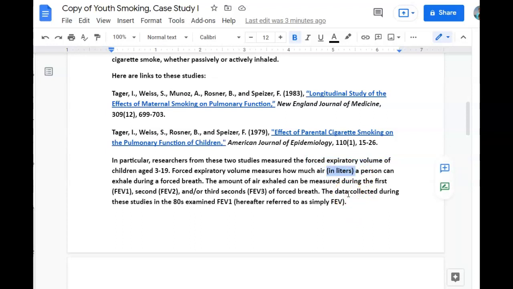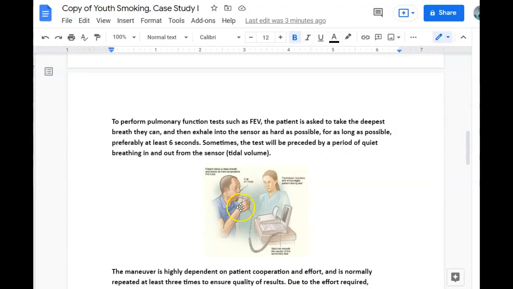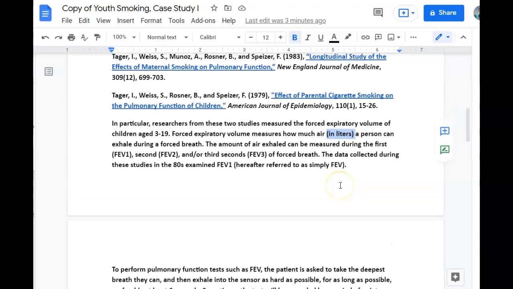So basically, imagine that you're just standing there and then somebody is asking you to breathe out. Okay, so they basically had some sort of device, a clip on the nose, and then they could measure how many liters a person could breathe out. So that's a measure of lung function.